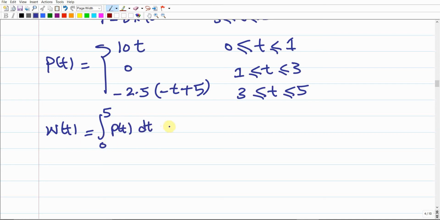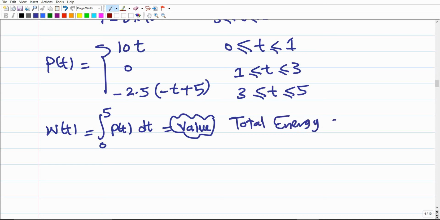But if we did this integration, it gives us a value. It means that we're going to get the total energy stored in the capacitor, if we consider the limits of the integration.